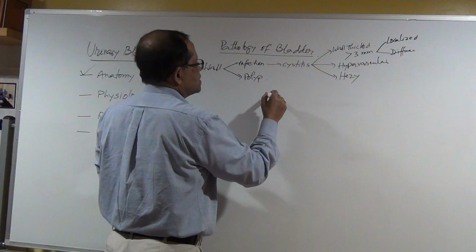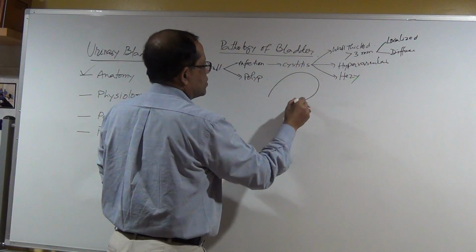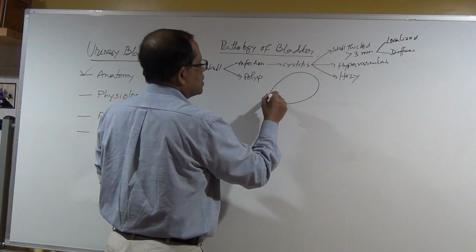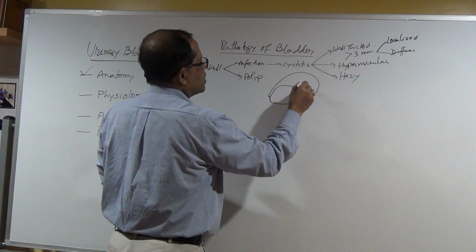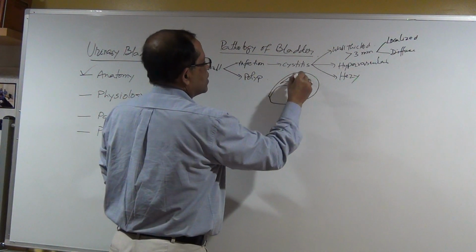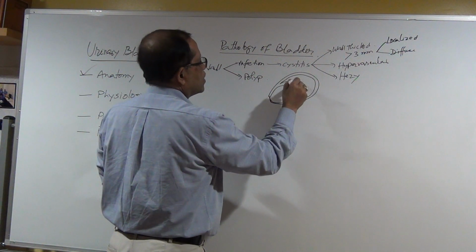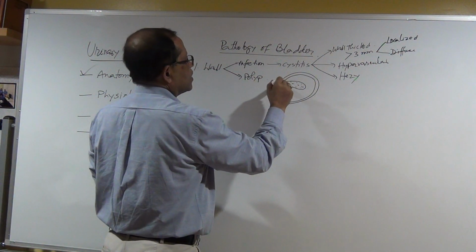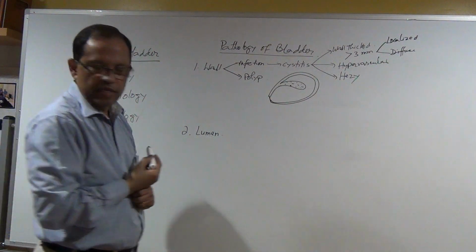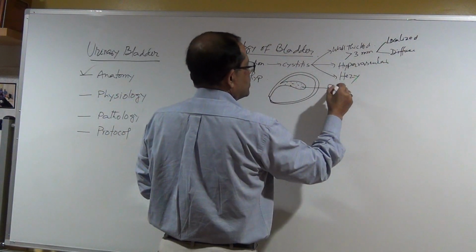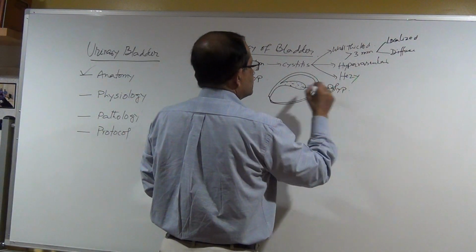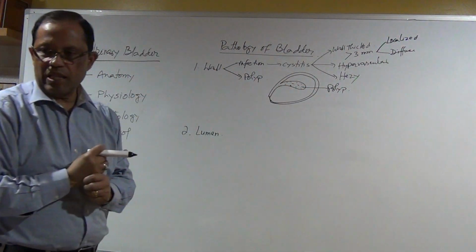A polyp is, say if this is the bladder, so this is a polyp inside. So a polyp can cause thickening of the wall.